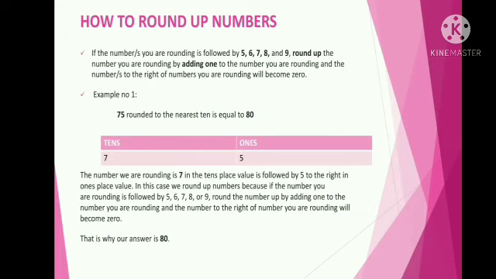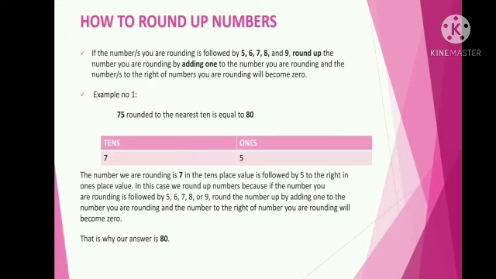Example number 1. 75 rounded to the nearest 10 is equal to 80. Referring to our place value chart, the number we are rounding is 7 in the tens place value.